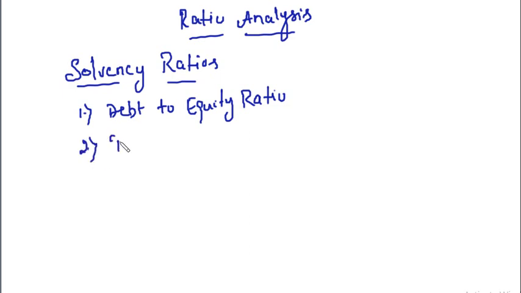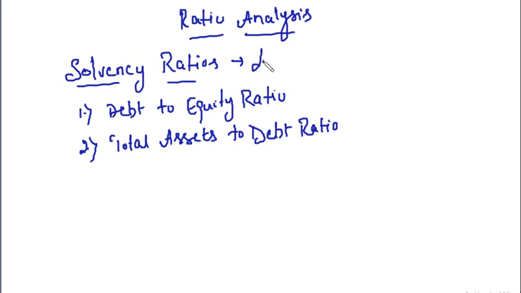The second was the total assets to debt ratio, where we studied the relationship between total assets and the total debt of the business. And when we talk about the solvency ratios, we only talk about long-term analysis, right? Clear?